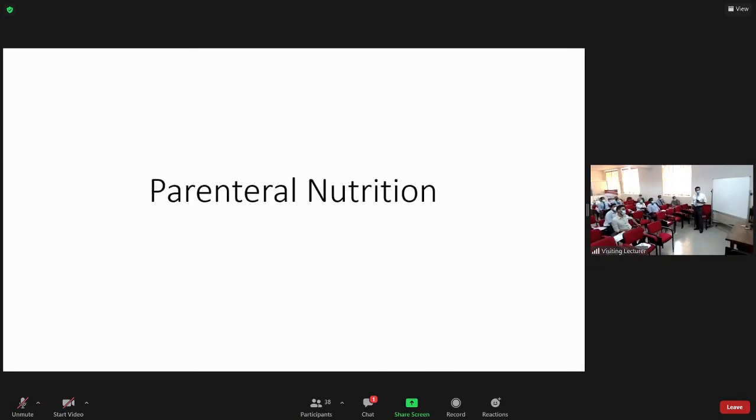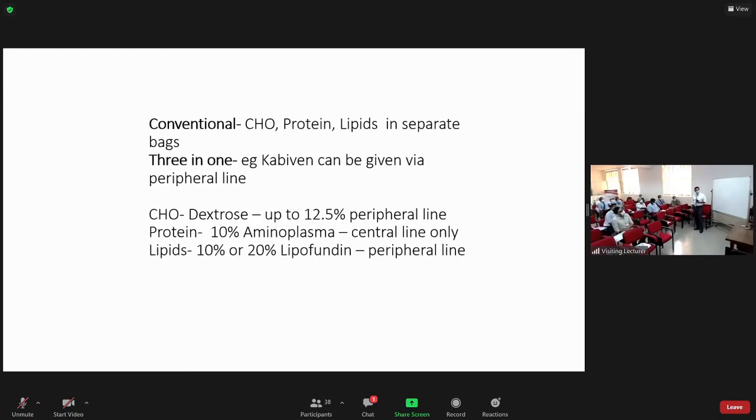Next slide, please. In parenteral nutrition, there are 2 types: conventional parenteral nutrition and 3-in-1 pack parenteral nutrition. These are the main 2 categories we use here. In certain countries I have seen Kabiven also, which contains carbohydrate, protein, and lipid, but they are in separate chambers.